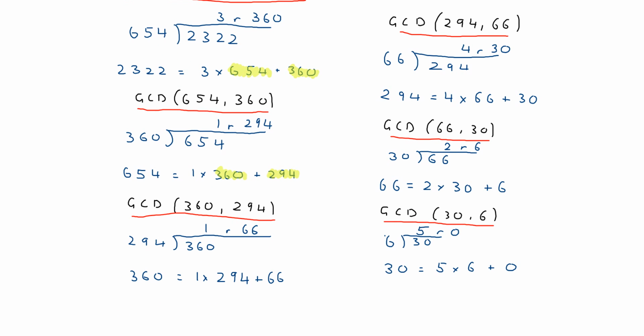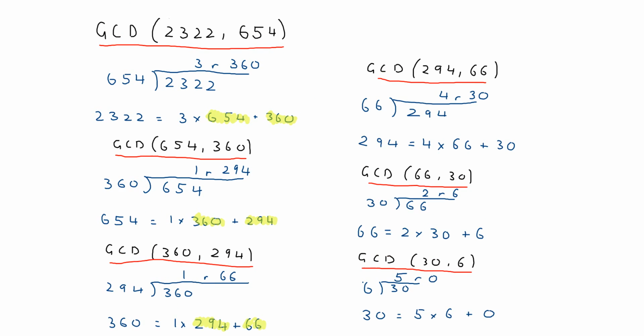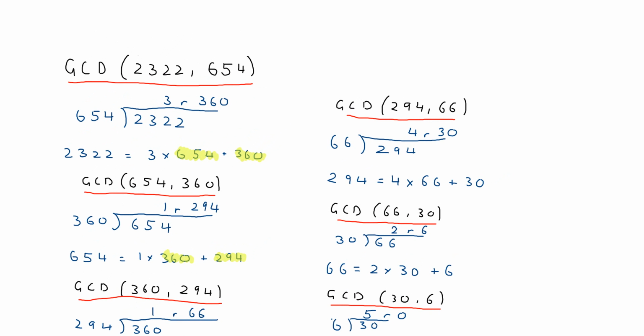So now, same thing, I want the greatest common factor, highest common factor, of 294 and 66. So off we go again. We divide 66 into 294, and we get 4, remainder 30.